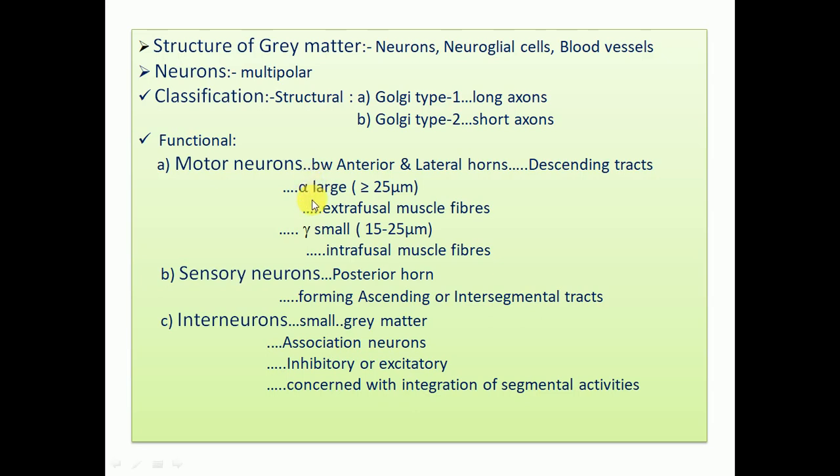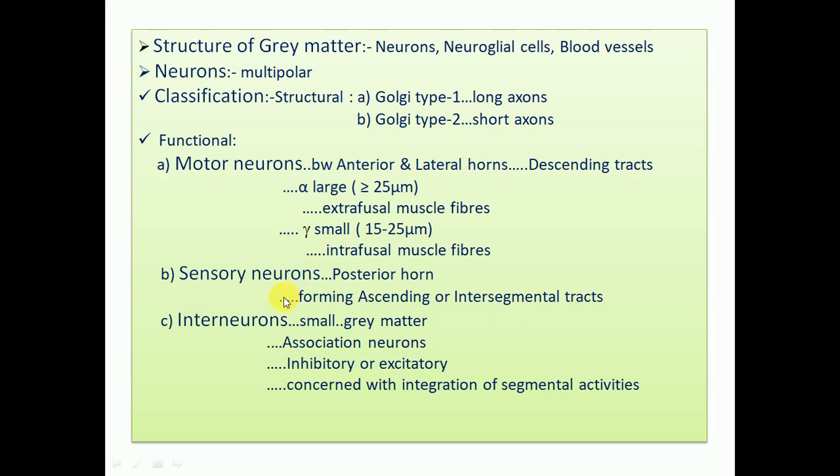Alpha neurons are the larger ones, more than 25 micrometers in diameter, and they innervate the extrafusal skeletal muscle fibers. The second type is gamma, the smaller ones, about 15 to 25 micrometers in diameter, and they innervate the intrafusal muscle fibers.